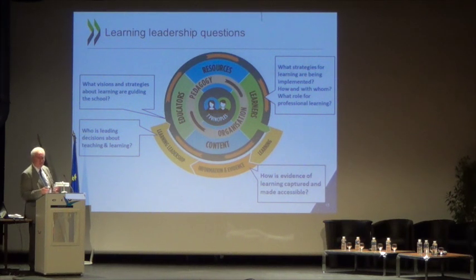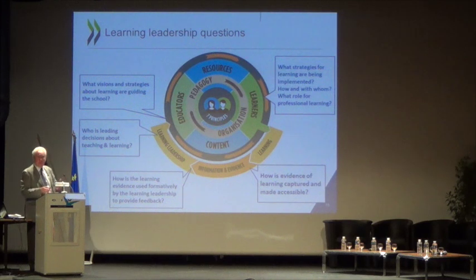We're very keen on formative assessment. If we're talking about formative organizations, how are we knowing what we're doing? And then how is that being fed back into the learning leadership? Again, the notion of that cycle of vision, strategy, evidence, and feedback. So that, we think, provides a tool.